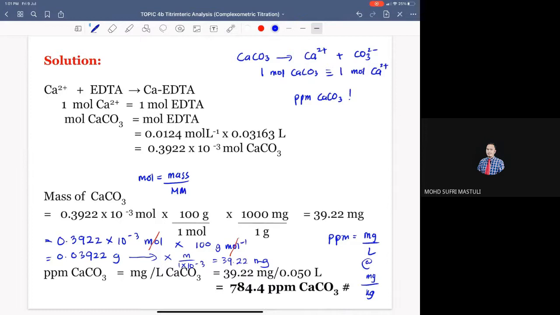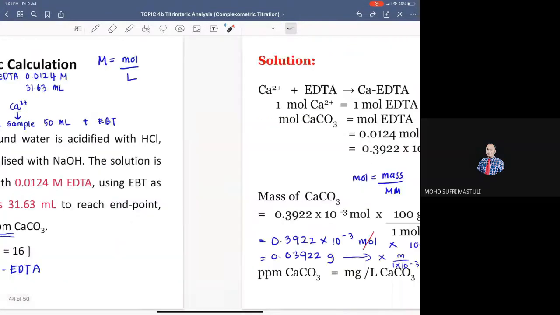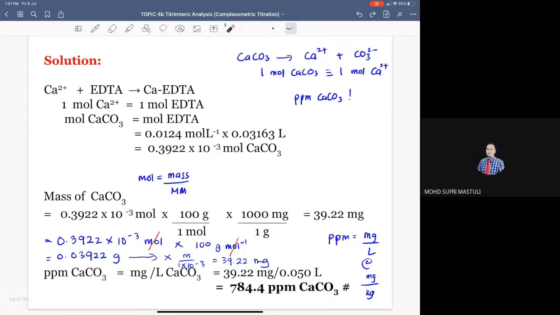This milligram has to be divided by the volume of the sample. The volume of the sample is 50 ml just now, which has to be converted into liters.